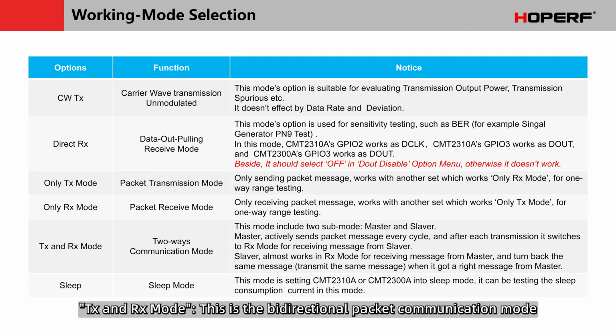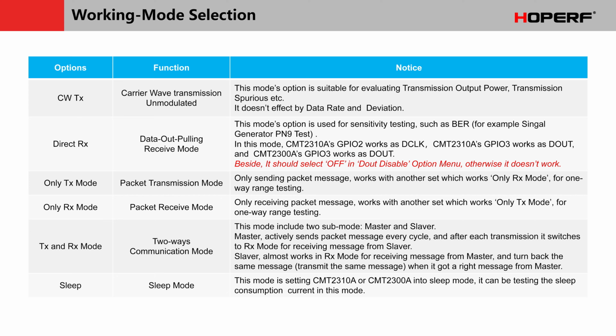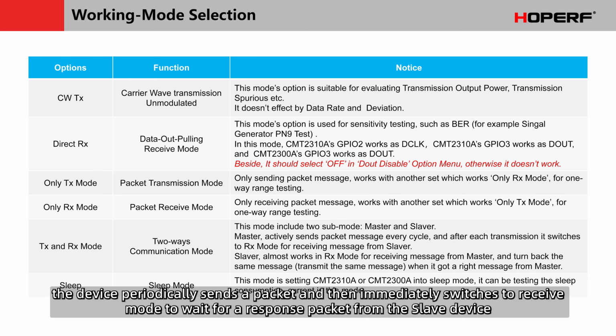TX and RX mode. This is the bidirectional packet communication mode. As mentioned earlier, it has two sub-modes: master, active transmitter, and slave, passive receiver. In master mode, the device periodically sends a packet and then immediately switches to receive mode to wait for a response packet from the slave device.